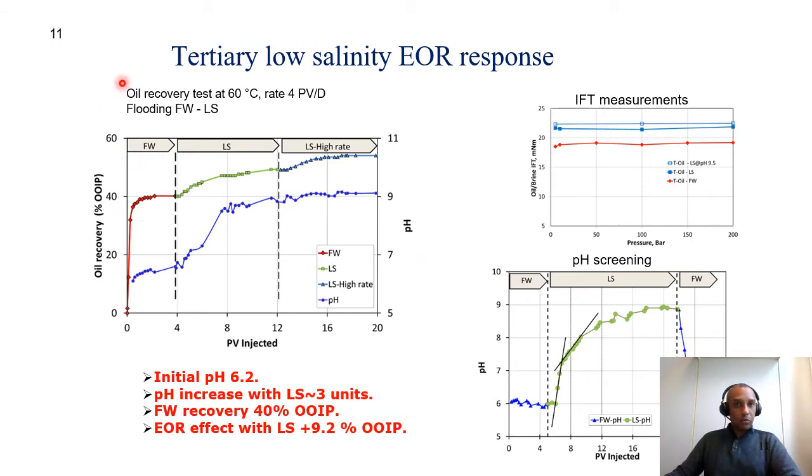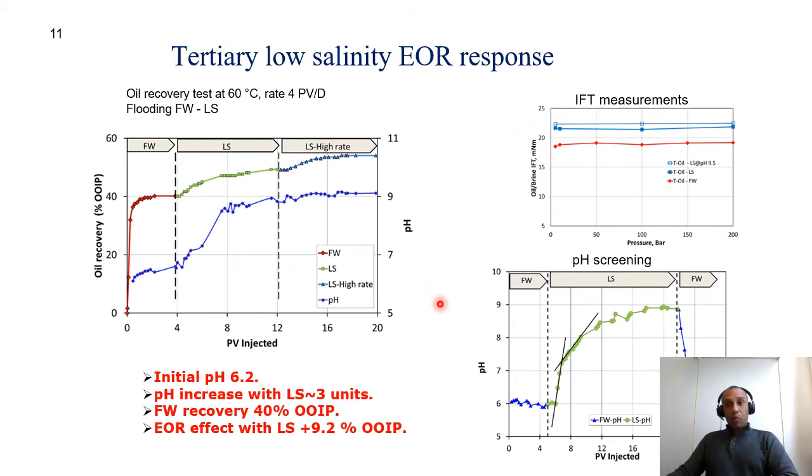So we started with the tertiary low salinity effects. As we have described before, after the formation water, we observed approximately a 10% increase when the smart water effect takes place. This comes along with an increase in pH, and we also observed no significant changes in the IFT.